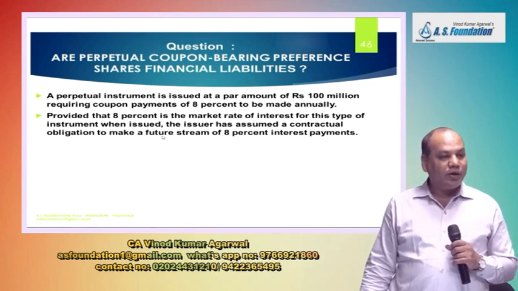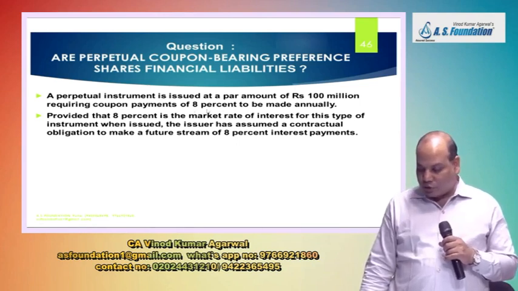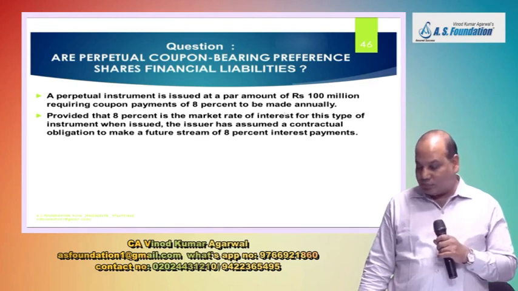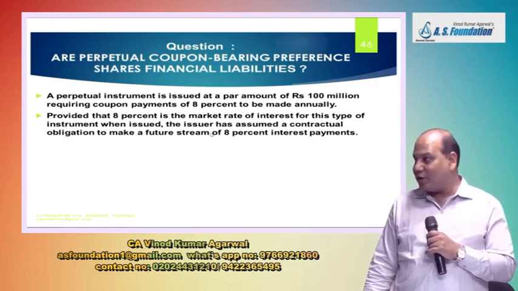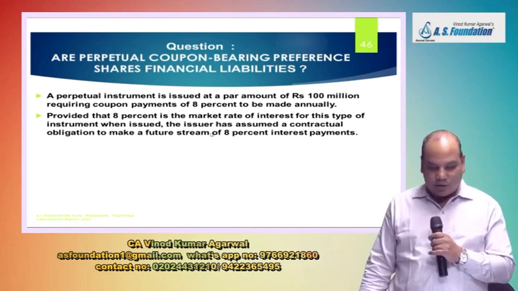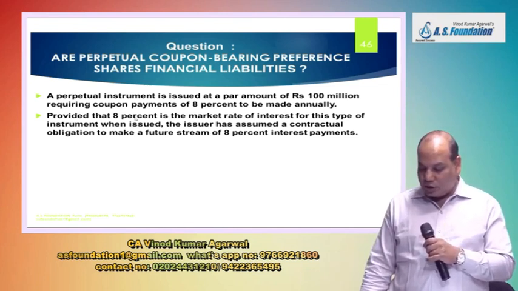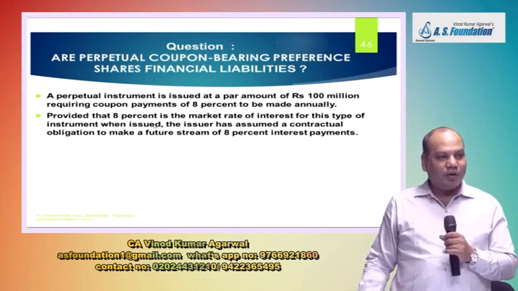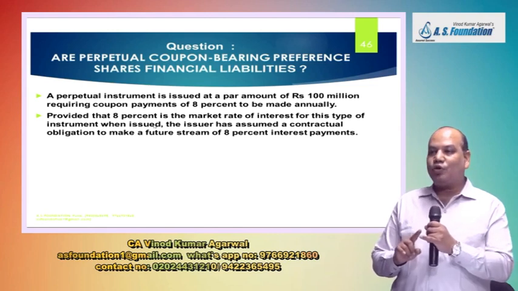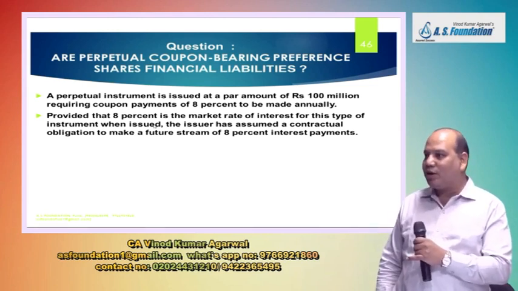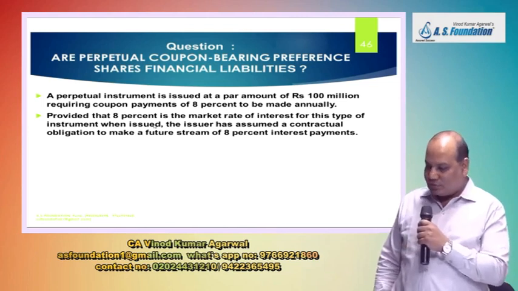Because if 8% is the market rate of interest, the present value will also come to 100 million. But if the market rate of interest is different, the present value will be higher or lower than 100 million. So in the exam, you will write this note that it is assumed that the market rate of interest is also 8%. Hence, the entire instrument will be treated as a financial liability.